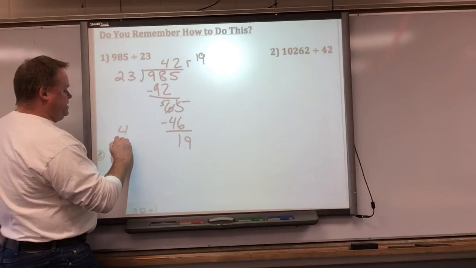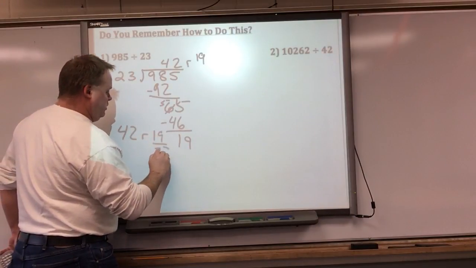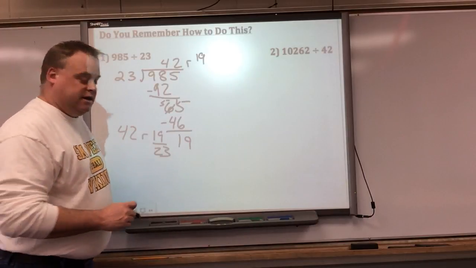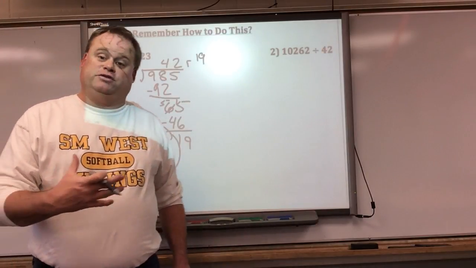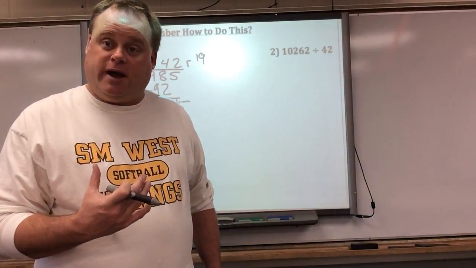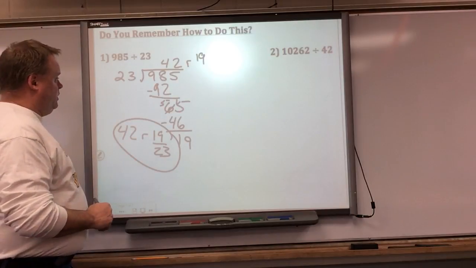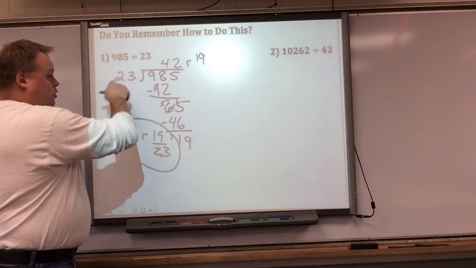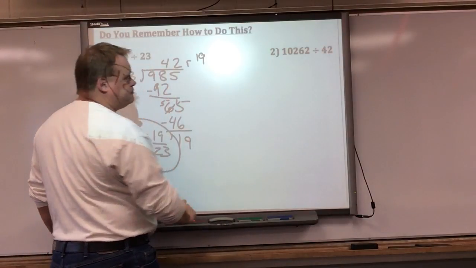It should be 42 remainder 19 over 23. Okay? Now this comes into importance when we move into the polynomials and trinomials and all that. Okay? So remember, it can be written as 19 over 23. The remainder over the divisor. All right? Let's do one more real quick.